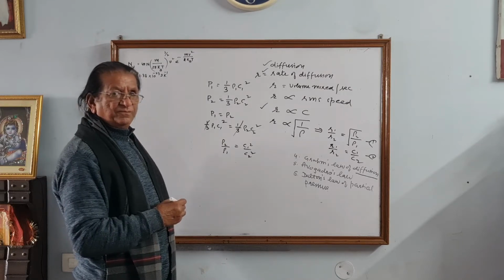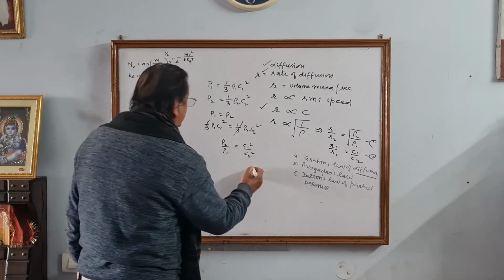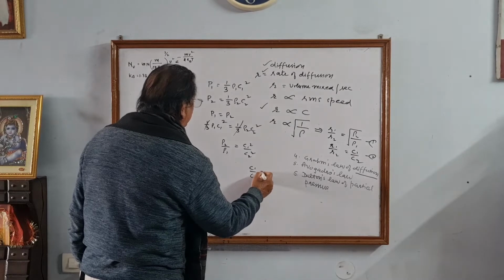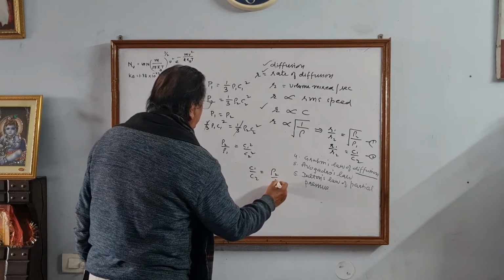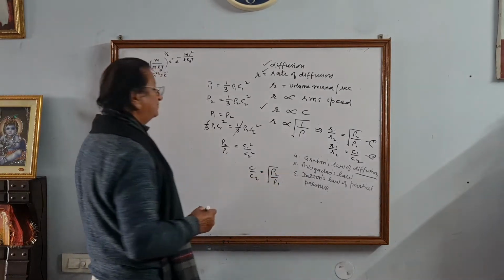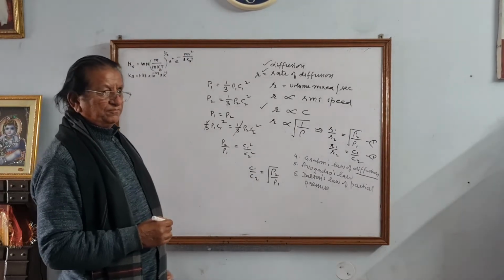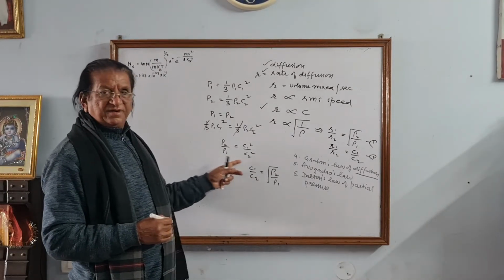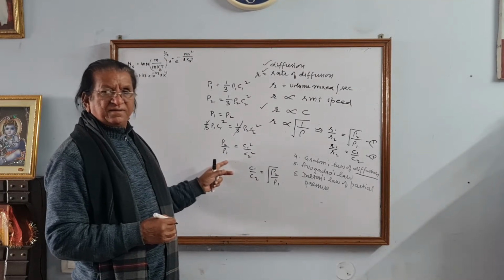Okay? Or you can say C1 by C2 will be rho 2 by rho 1 under root. Take square root on both sides. Okay?